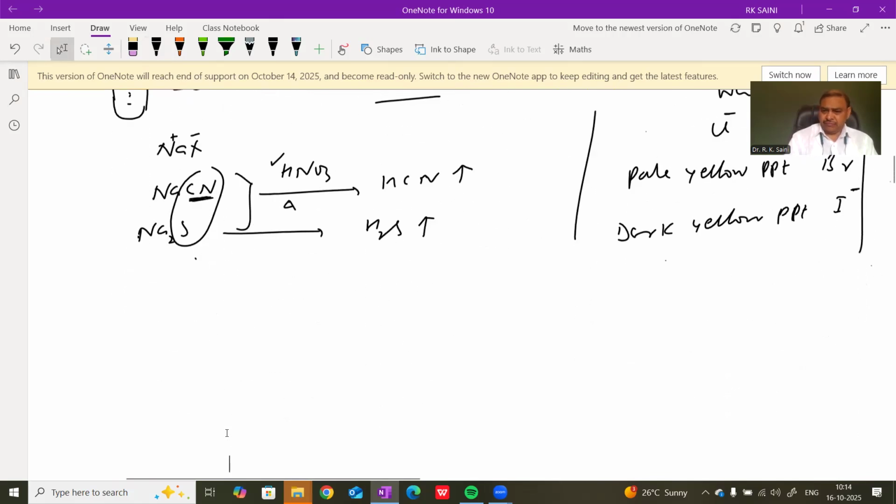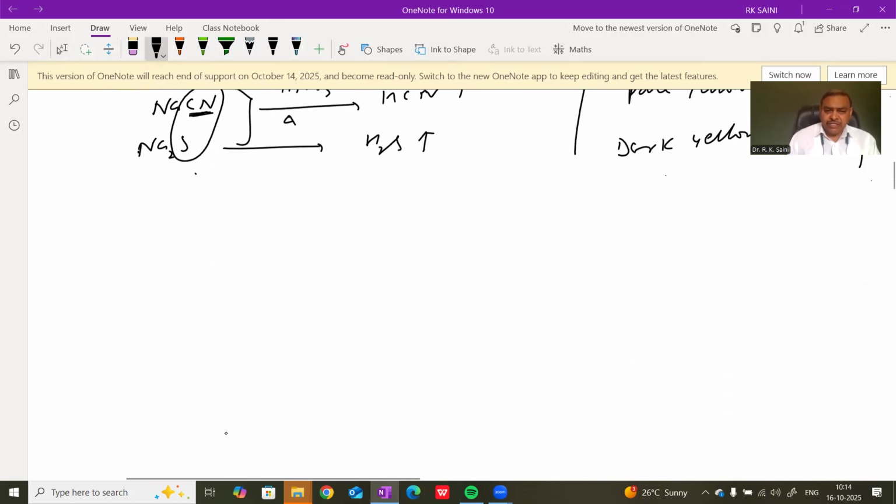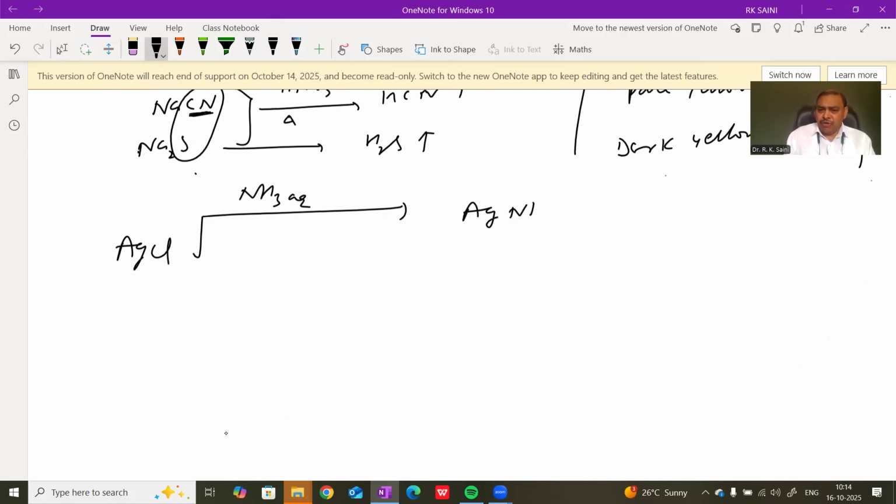These precipitates, for example AgCl, the white precipitate, are soluble in ammonium hydroxide or aqueous ammonia. It makes a complex and is completely soluble.